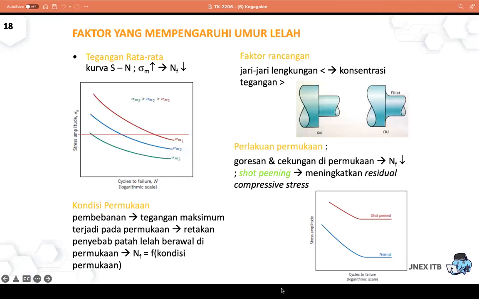And here we also see that if we apply a higher stress amplitude, for example this one, the cycles to failure will also be less than that one. For example, the green one has a stress amplitude higher than the blue one, and also the red one here.